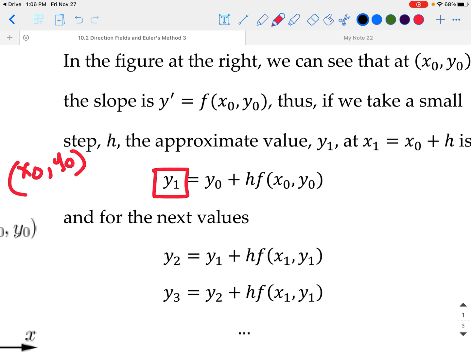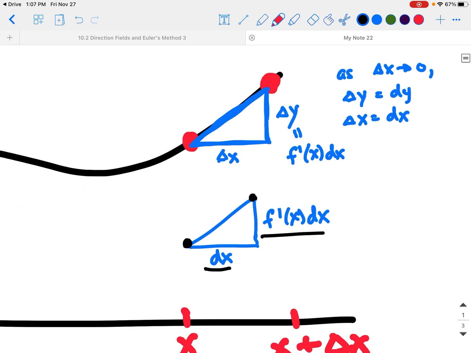And to get to our next y value, we're going to move some small distance h, right? So note, for the next coordinate, we'll have x naught plus h, comma y1 is what we want to get. And to get y1, we'll take our initial value, and we're going to add that vertical length, right? Delta x times f prime of x.